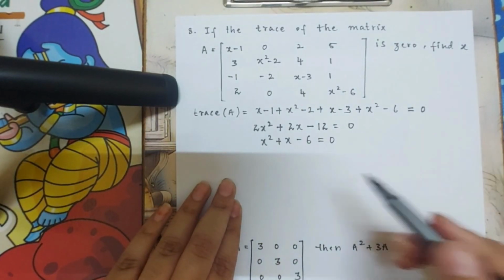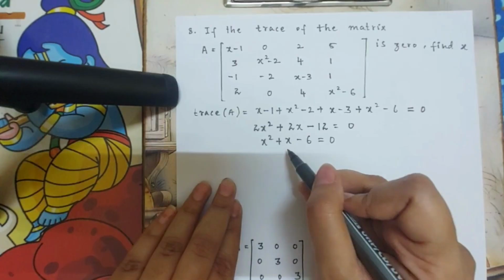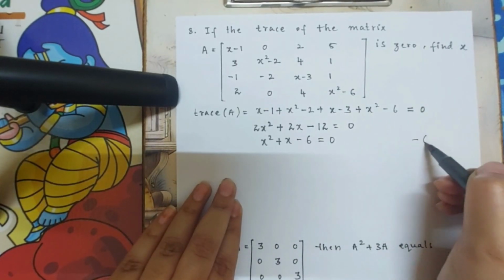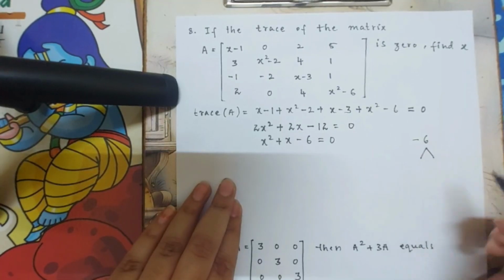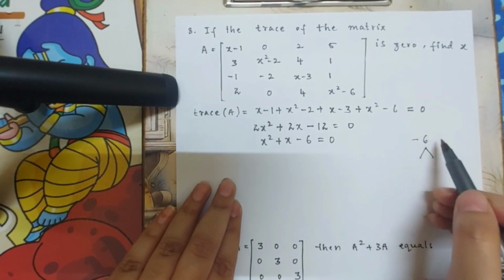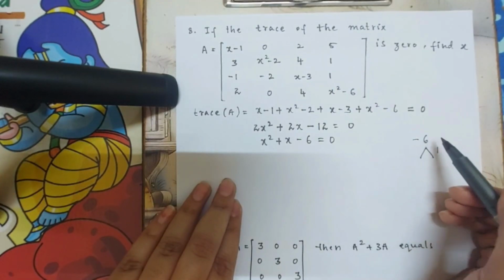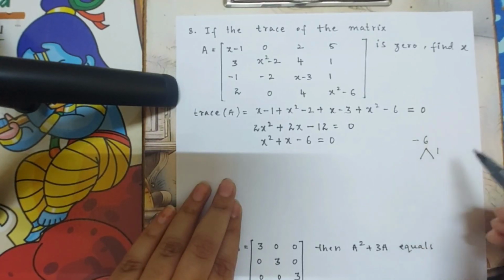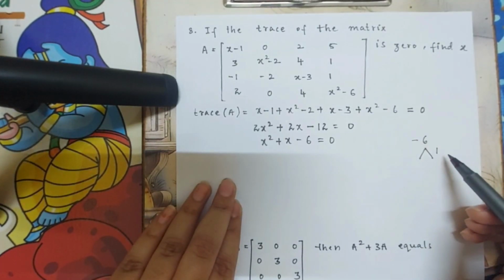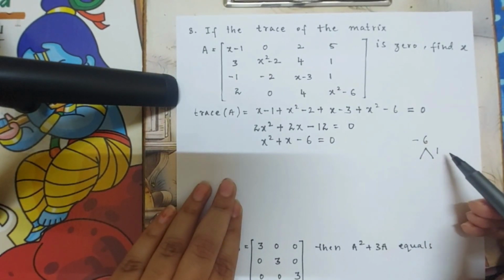For applying the factorization, I'll be splitting up the middle term. So how do we split the middle term? I'll be considering the constant, that is minus 6. I should get two factors which, when multiplied, give minus 6, and when added, give 1.